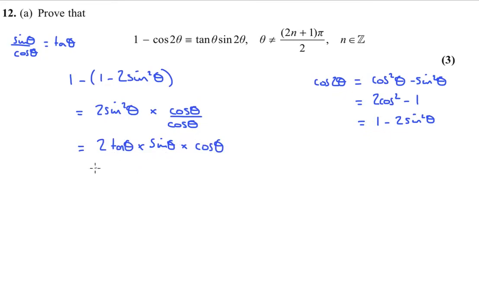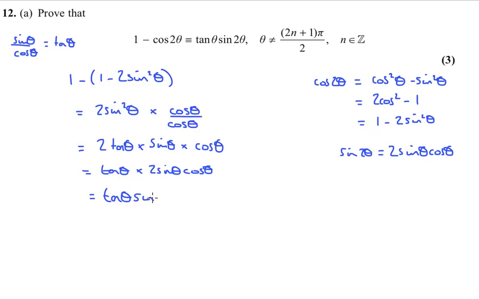What I've got now is a tan theta times by 2 sine theta cos theta. And 2 sine theta cos theta is my double angle formula for sine 2 theta. So a little bit sneaky, a little bit forced, but gets us what we need.